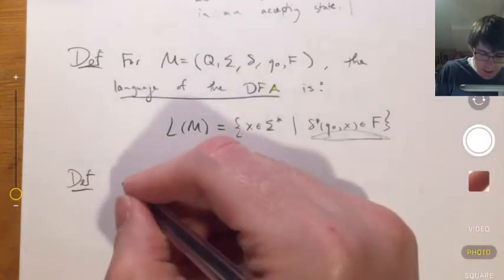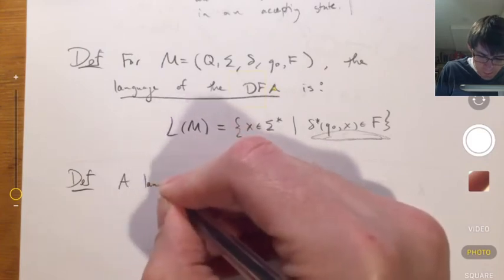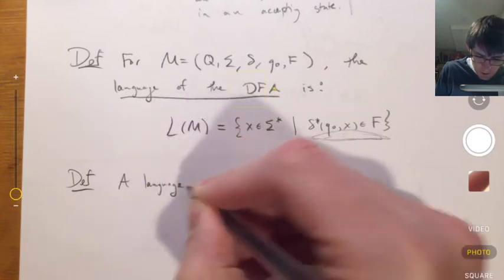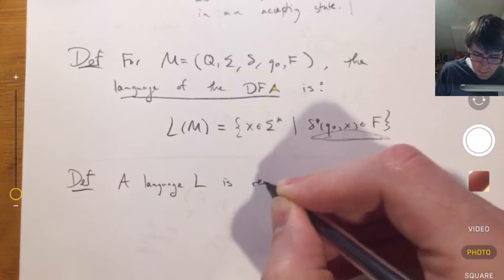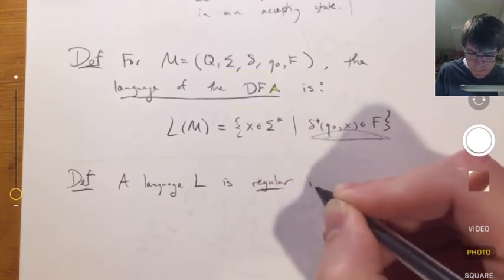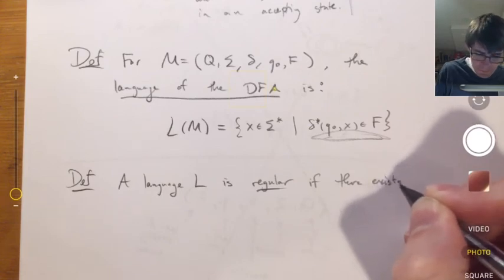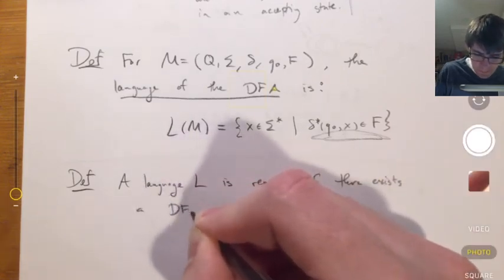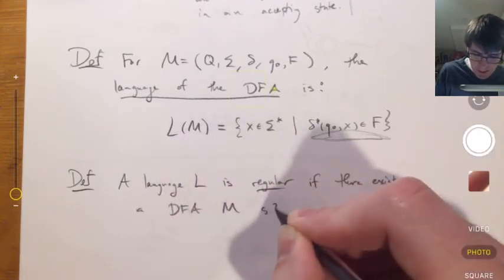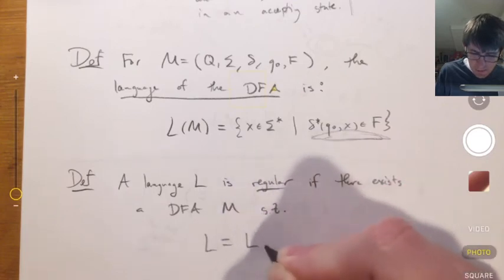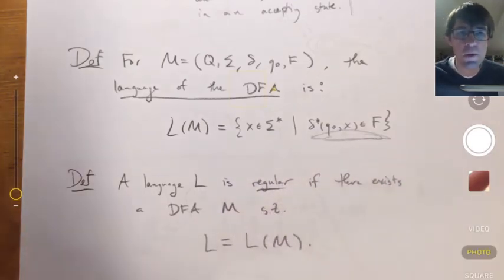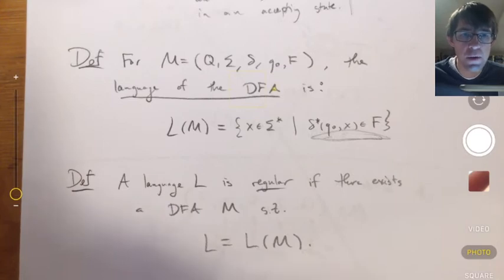A language L is regular if there exists a DFA M such that L equals the language of M. That's what it means to be a regular language. Regular means that it is the language of some DFA.